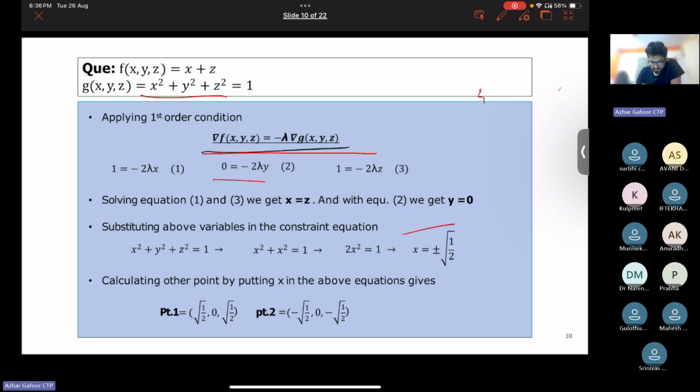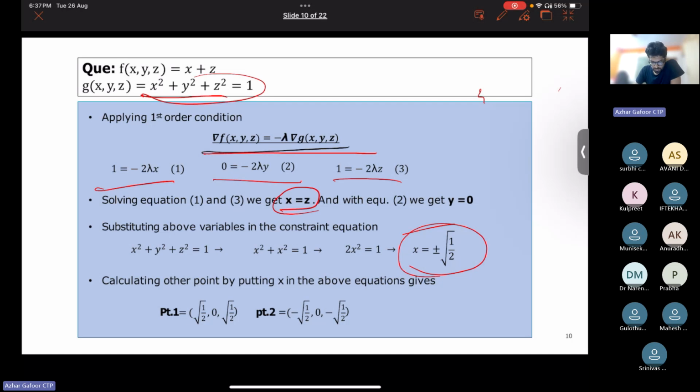And straightforward, we get y is equal to 0. And from these two equations, we get x is equal to z. Now, if we substitute the same in our constraint equation, we finally end up with the solution, that is x is equal to plus or minus root 1 by 2.